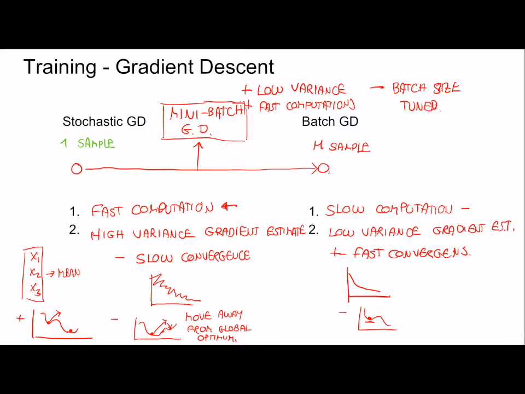Okay, all right, so this is just the final slide. Hyperparameter tuning is an important thing when training neural networks. We just discussed one hyperparameter, the batch size, but there are many others.